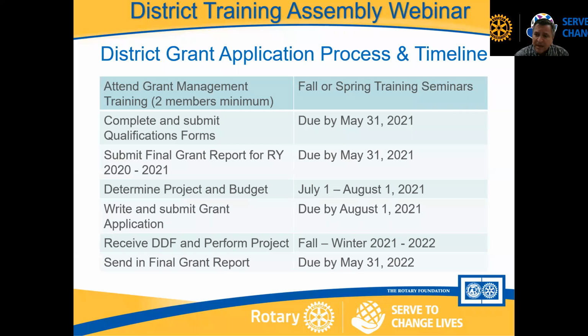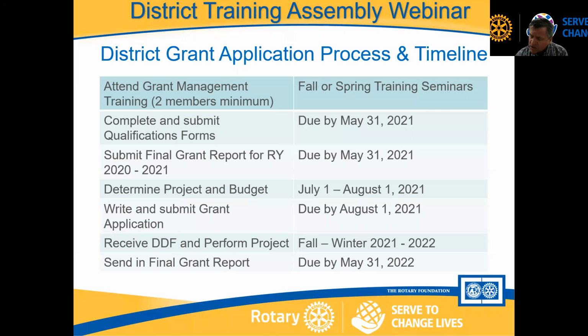Then you have to complete and submit qualification forms. These forms are also available on the District 5000 website. They are due by May 31st. They're pretty simple forms to fill out. They just really need to be signed by your president-elect and 1 other club member.